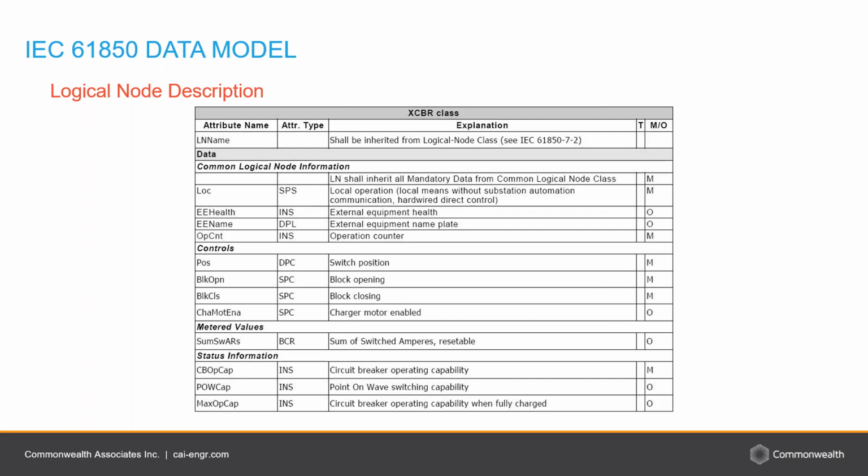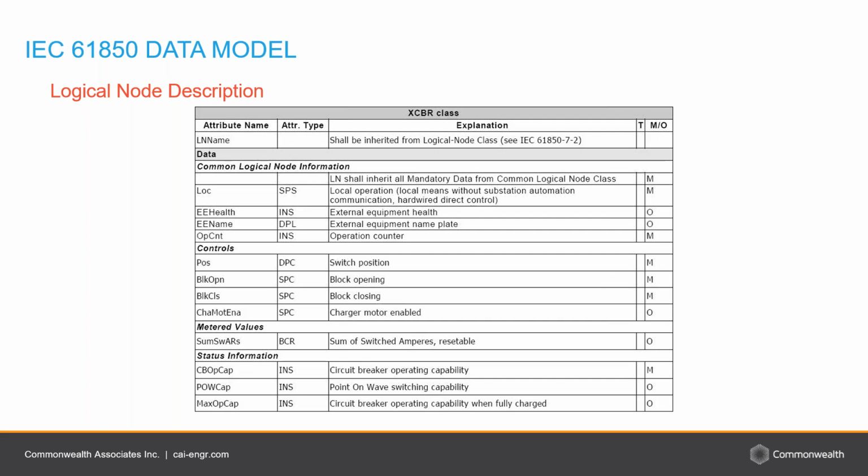So this LOC data element will have a data attribute type, which will correspond to one of the common data classes. Now, the common data class basically tells you the structure and type of the corresponding data element. So to recap, the LOC data, or the local operation data, tells you that the breaker is either in local operation or remote operation.